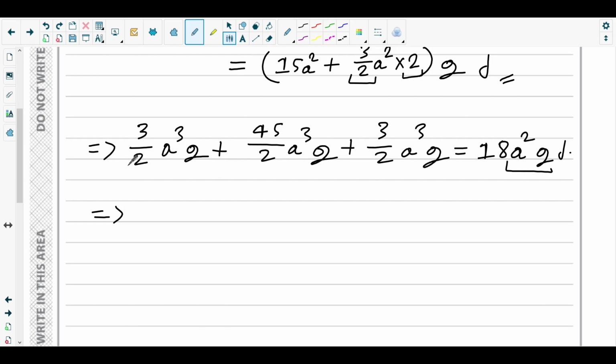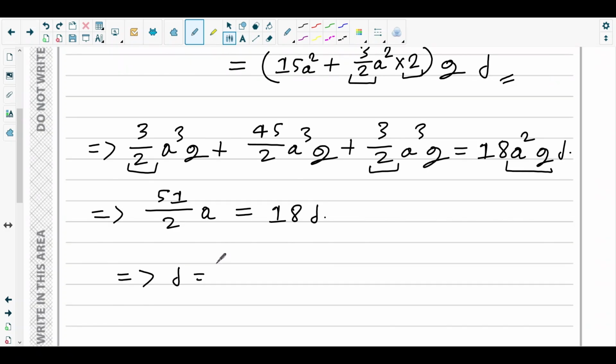If you do so, 3 over 2 plus 3 over 2 is 3. So 3 plus 45 over 2 is basically 51 over 2. The a squared g cancels out from both sides, so a will remain here. So 51 over 2 a equals 18 d.